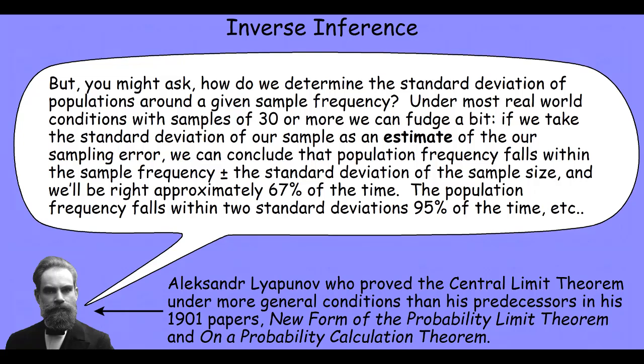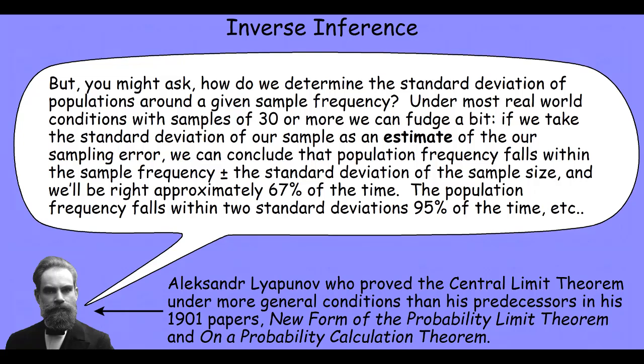So how, you might ask, do we determine the standard deviation, that is, how spread out the populations are around a sample frequency and whether or not the sample frequency is skewed one way or the other? Turns out, under most real-world conditions with samples of 30 or more, the central limit theorem starts to apply, and we can fudge a little bit to make this inference.